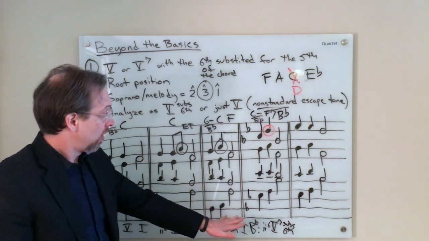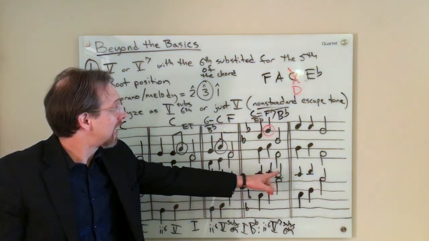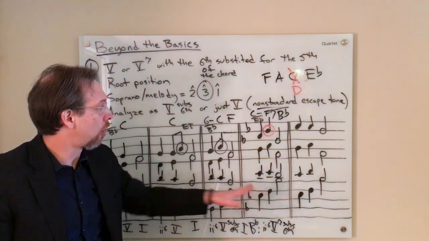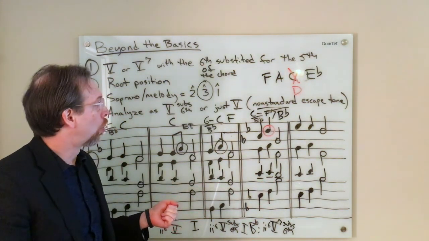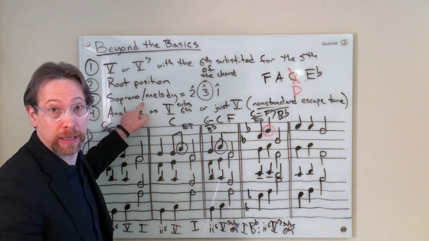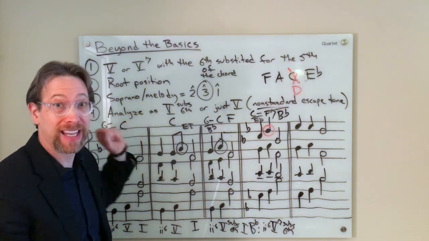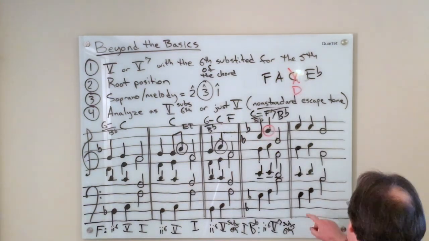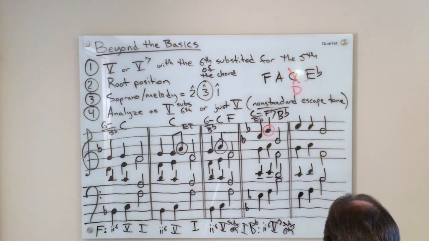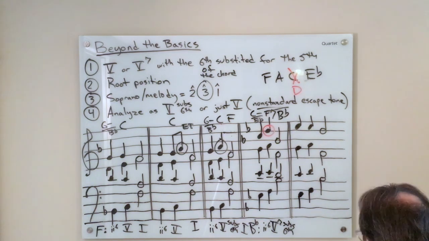All right. Now, this last little part that I have written out already is to show you why this has to be in the soprano melody. Why it's so important. And let's use our ears to tell us why. Let's listen to this example right here.